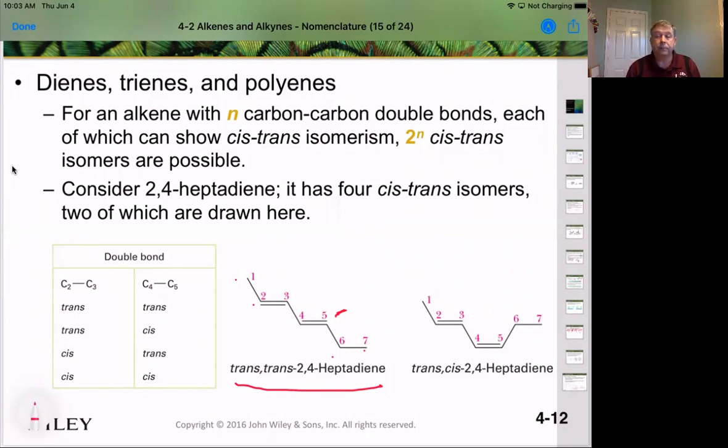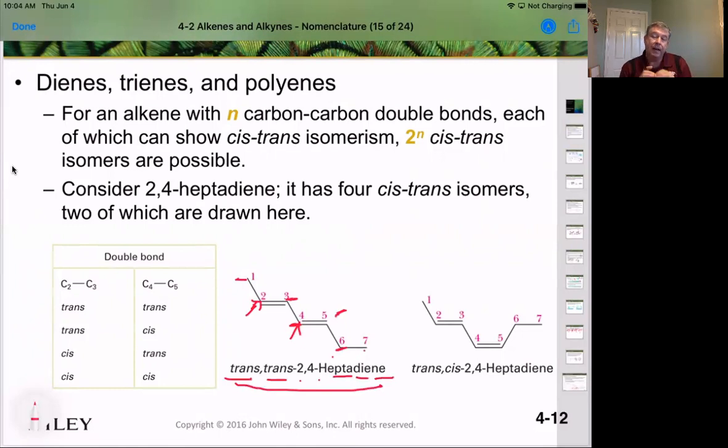And so when we do this, we can say, okay, this group and this group are on opposite sides, so that's trans. This group and this group are on opposite sides, they're trans. And this carbon, the double bond starts at a 2, and this one, the double bond starts at a 4. So that gives us trans,trans-2,4-heptadiene, okay?